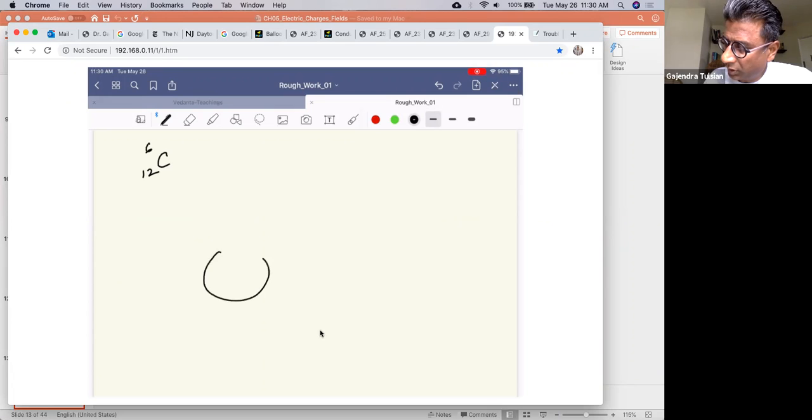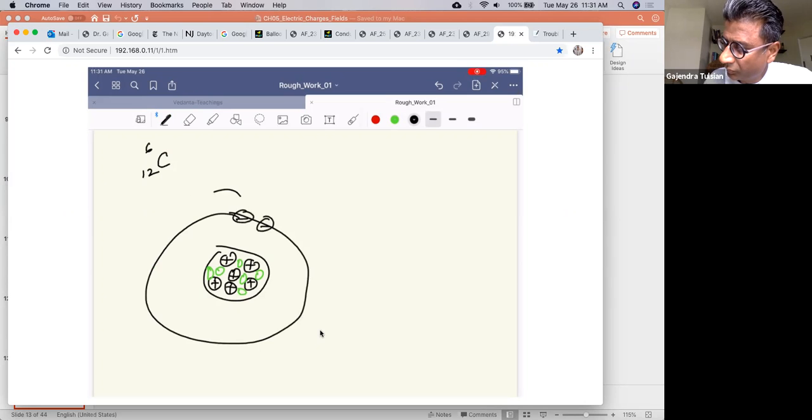So here's a carbon atom. Well, it has 6 protons, 3, 4, 5, 6, and let's put in 6 neutrons, 5, 6, okay. And then it's got electrons.